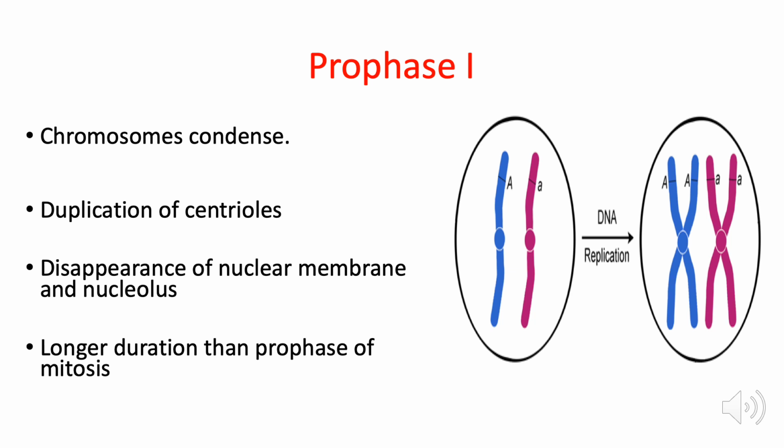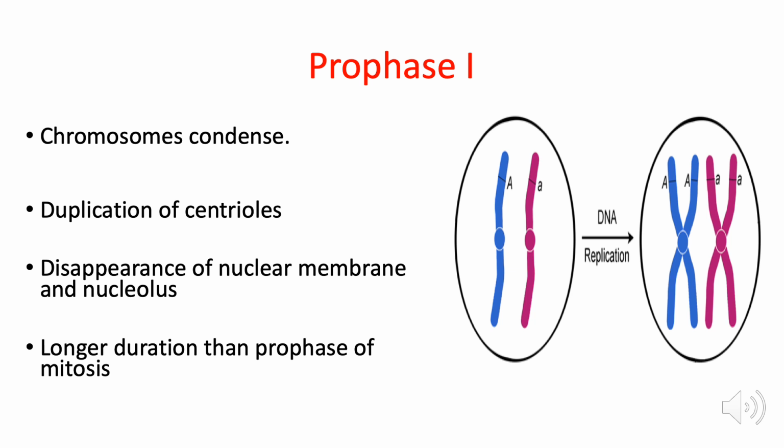Just like in the prophase of mitosis, in prophase I, the chromosomes will condense, the centrioles will duplicate, and they will start migrating towards the opposite poles of the cell. Then you will have the synthesis of the mitotic spindle. Expect that the nuclear envelope and the nucleolus will disappear.